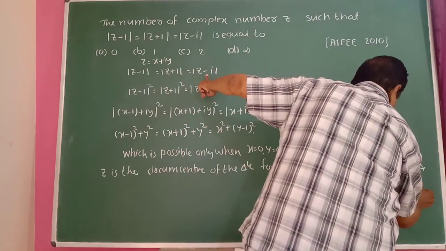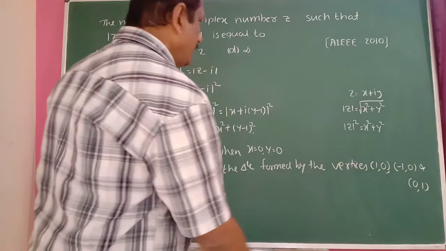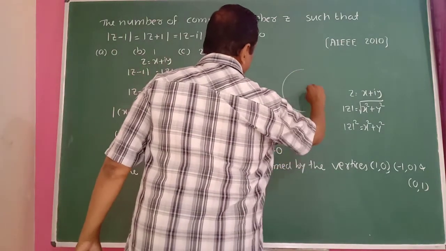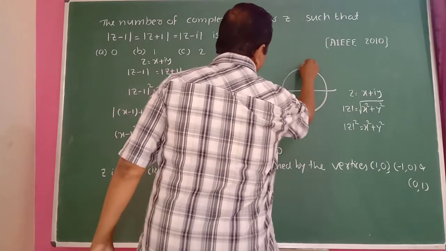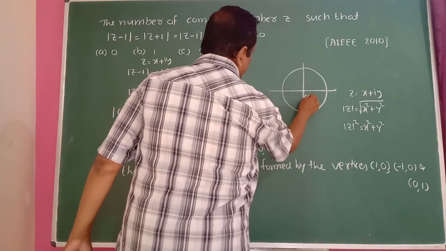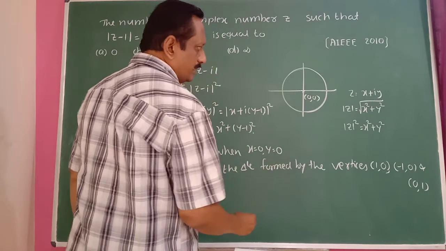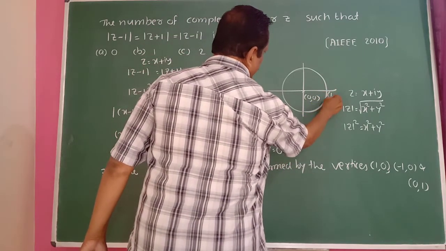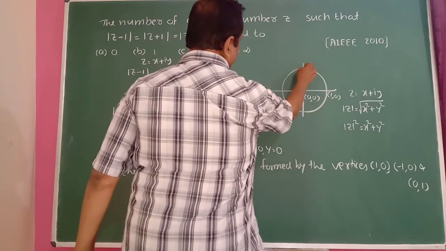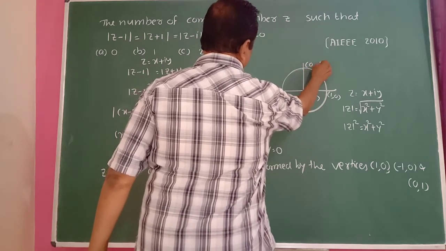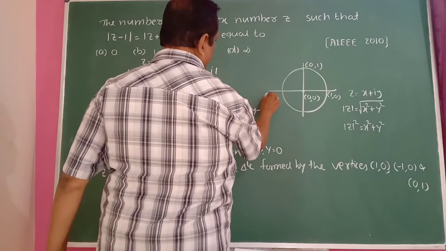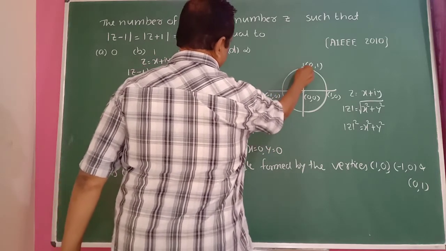Okay, so there is a circle here. The center is 0, 0, and this point is 1, 0, this point is 0, 1, and this point is minus 1, 0.